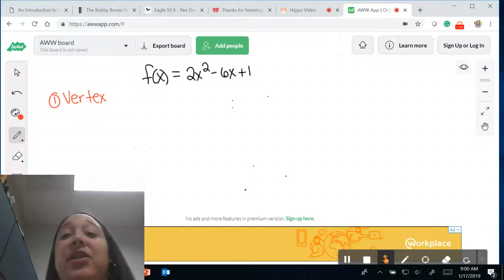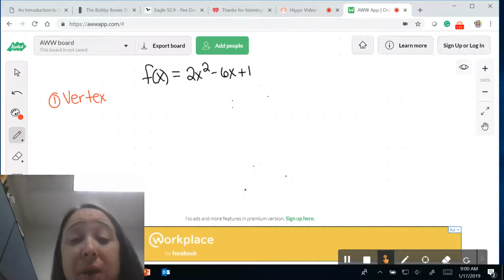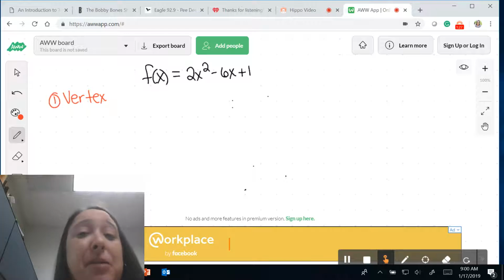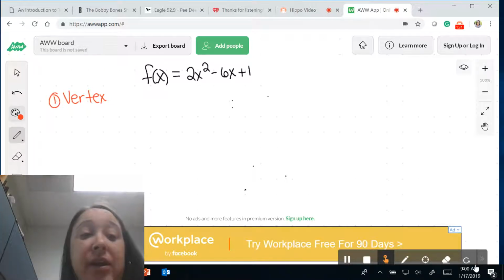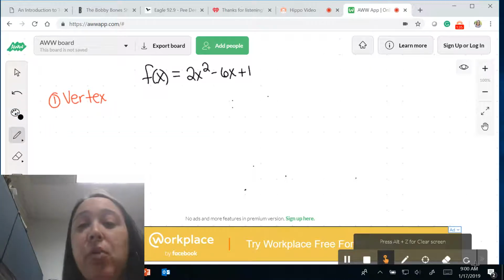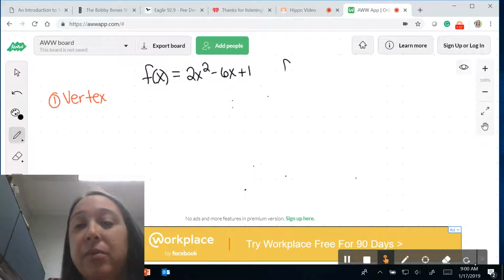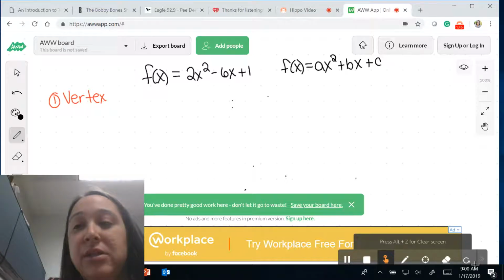So the question is, how do you find the vertex of a quadratic? Well, let's back up a little bit more. How do I even know that what I have written in black there, f of x, is a quadratic? If you remember from past algebra classes, quadratics are written in the form f of x equals ax squared plus bx plus c.